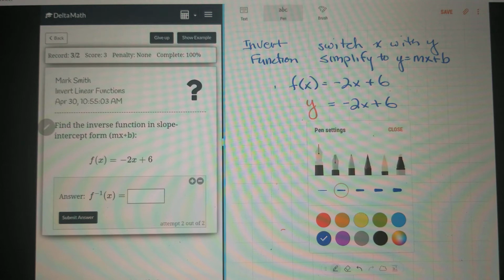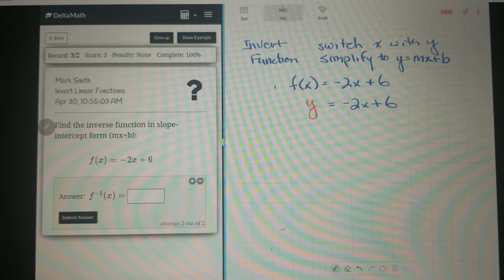An inverse is when we switch, so we're going to put the x where the y is, and the y where the x is. I switched it. And that's an inverse function, except now we have to simplify to get y equals mx plus b.